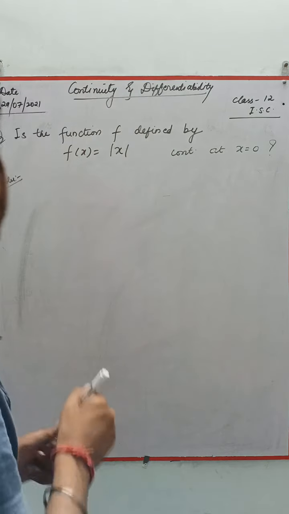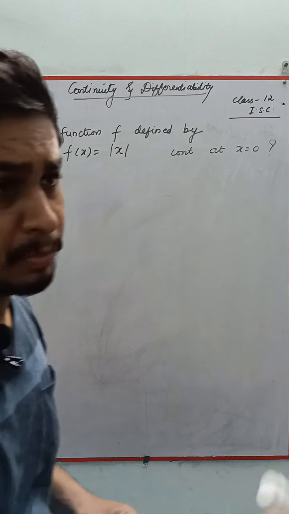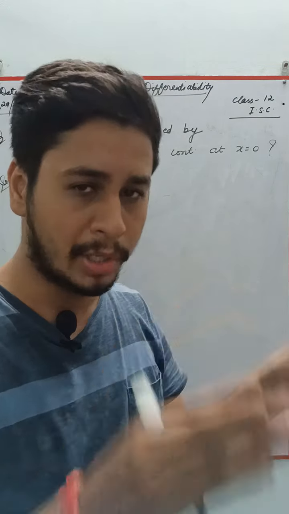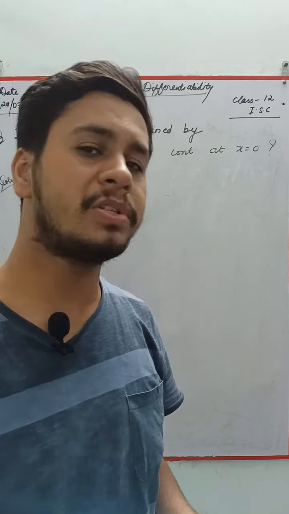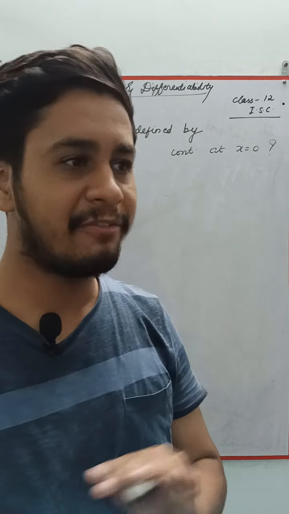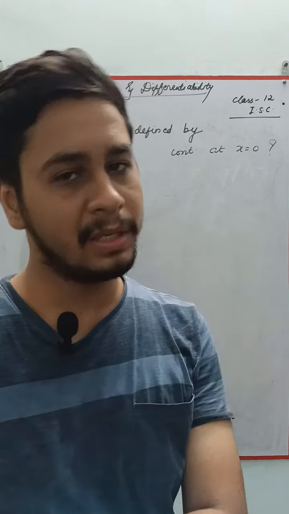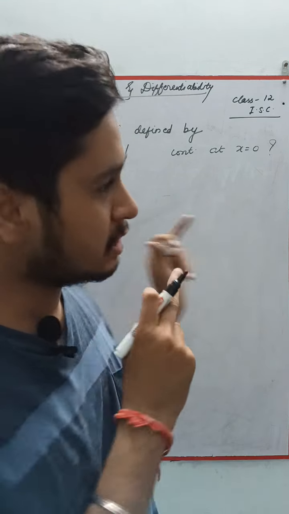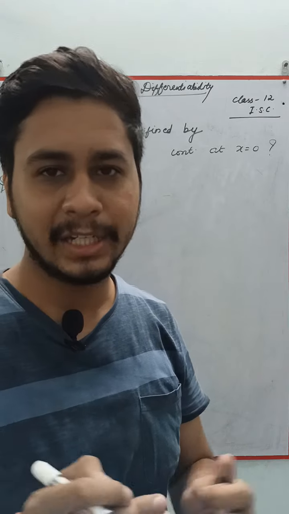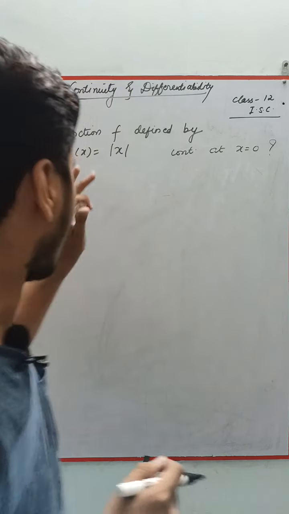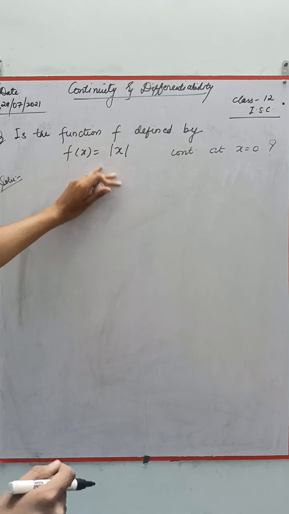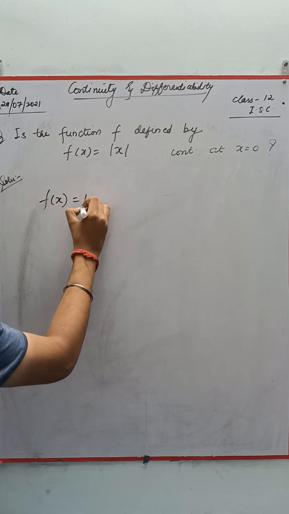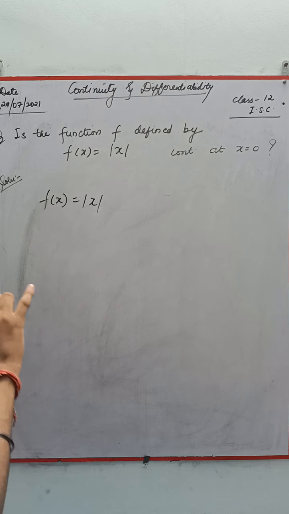As you have studied in lower classes, whenever any negative value is there in the modulus function, it will give a positive value when it comes out, and if it is a positive value, it will be positive only. But see, how you have to understand this modulus function: you are given modulus of x, your function is modulus of x.